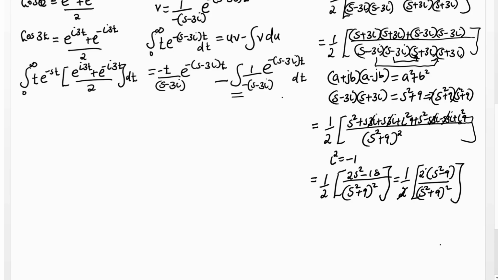We can cancel the 2 and the 2. So our overall answer is s squared minus 9 over s squared plus 9 squared.